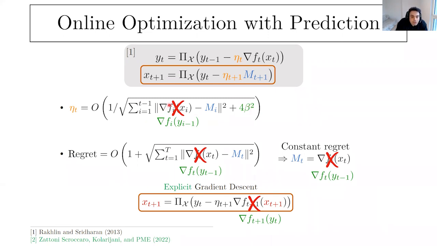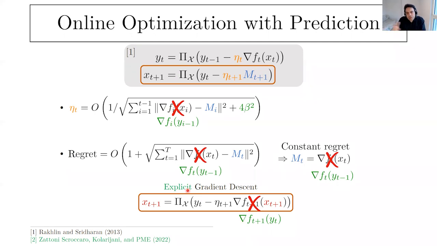Then instead of evaluating the gradient of f at step x_i, we compute the gradient of f at step y. And basically what it boils down to is that m_t now just suffices to be the prediction of one step before, which means if you look at this algorithm in the ideal setting, it looks like an implicit gradient descent.